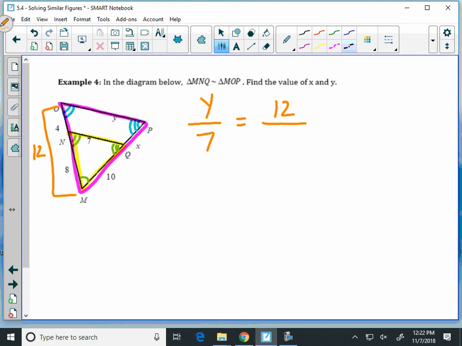So then which side in the little yellow triangle matches up with 12? 8. Then 12 is in between 2 and 1. 8 is in between 2 and 1. And they're kind of sitting on 8 was a part of it, so that makes sense to match up with 8. And again, how do we solve proportions?